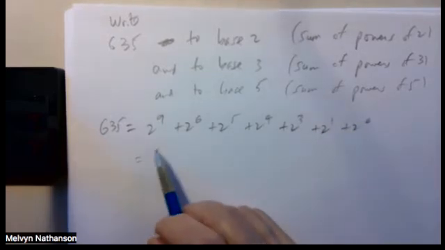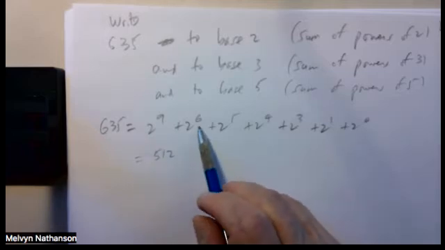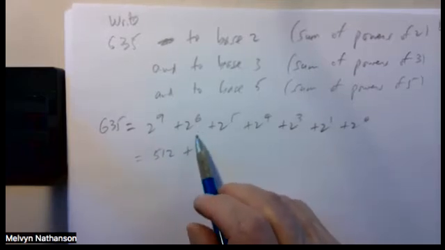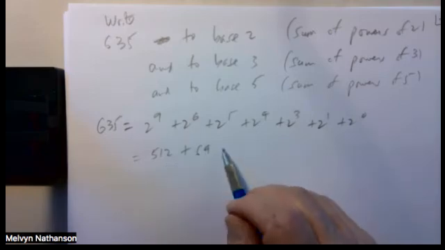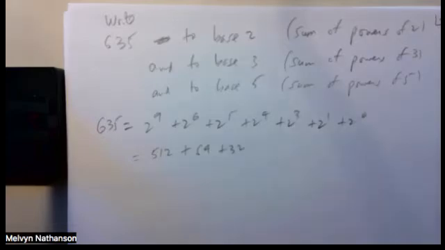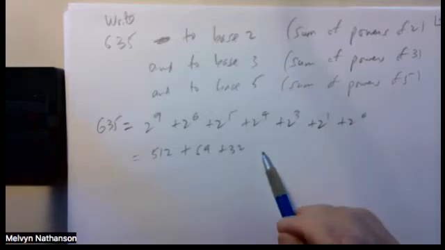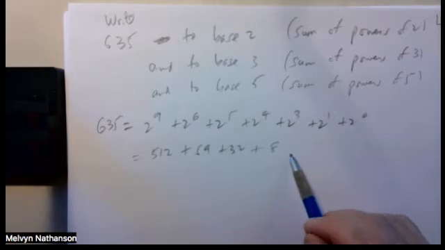All right, so let me just check. 2 to the 9th is 512, and 2 to the 6th is 64. So it's 576 plus 32, which is 608, I think. Plus 8 is 616. Is that right?